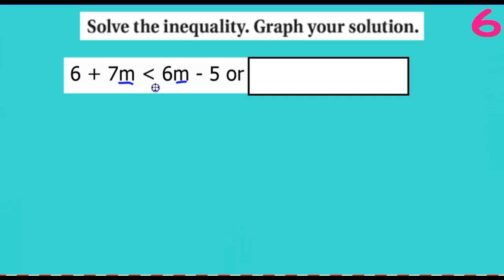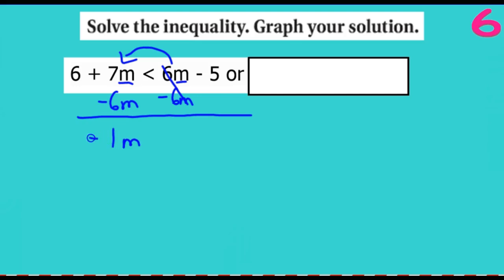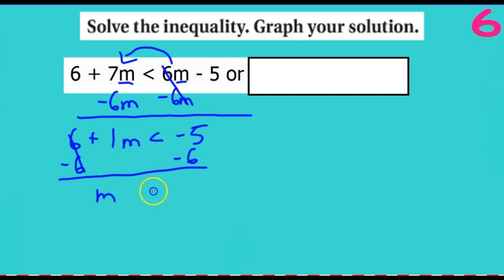We always want them on the left side, so I'm going to move the 6m over here by subtracting 6m. So 7m minus 6m gives me 1m plus 6, which is less than -5. Subtract 6. And we get m is less than -11.